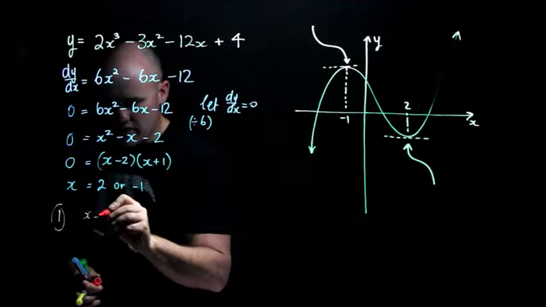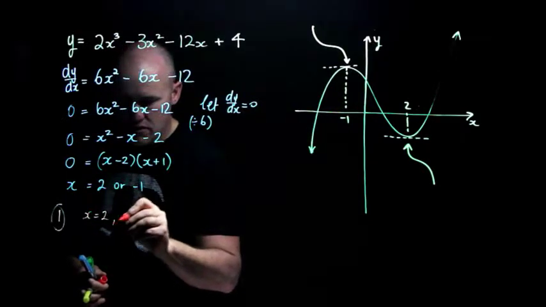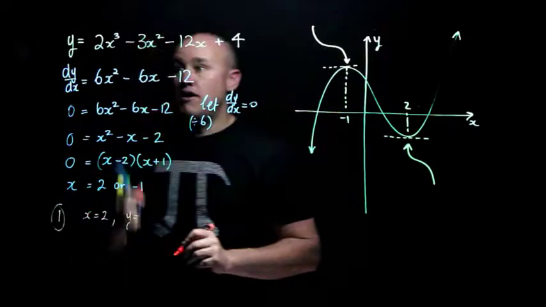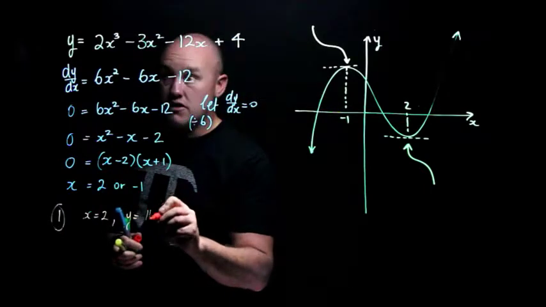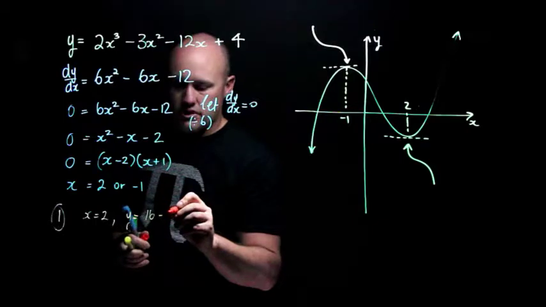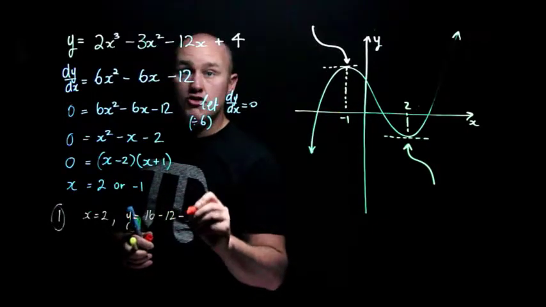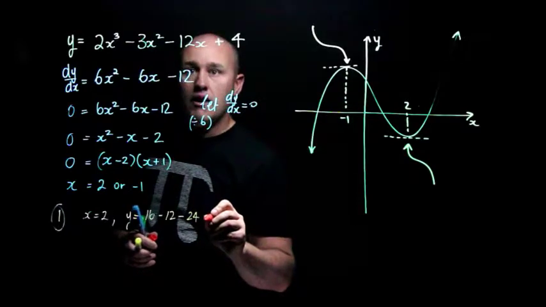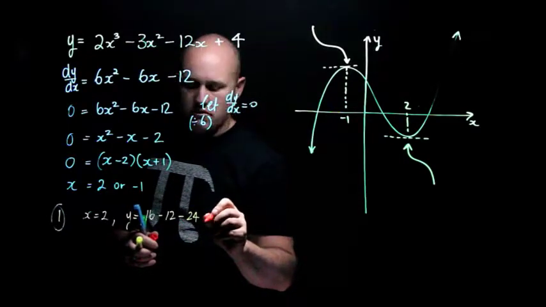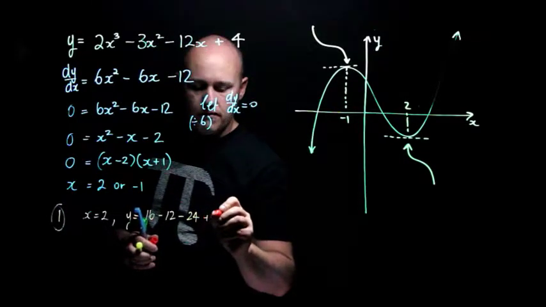So at x equals 2, y equals, I'll skip some of the maths again, but it's 2x cubed, which x cubed is 8, so this is 16, minus 3 times x squared, which is 12, minus 12 times x, which is 24, and then plus 4.